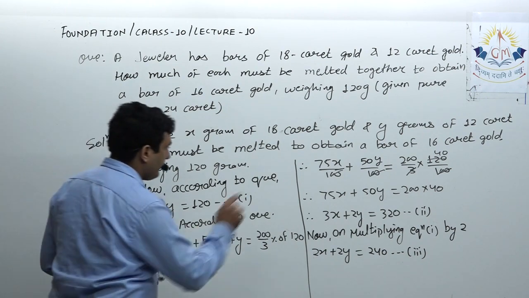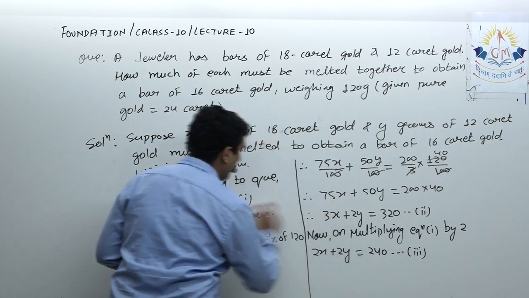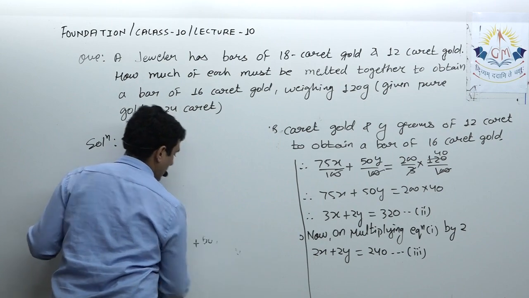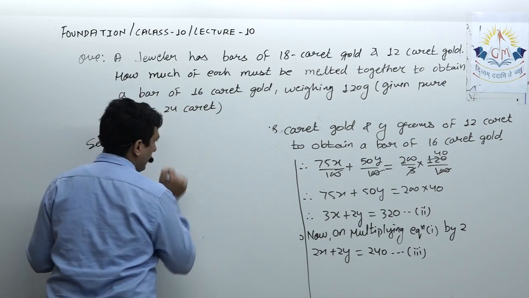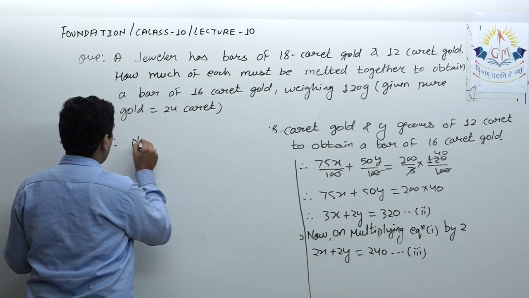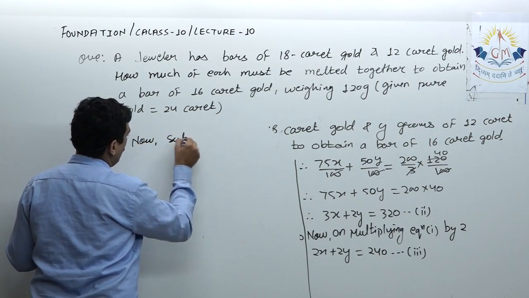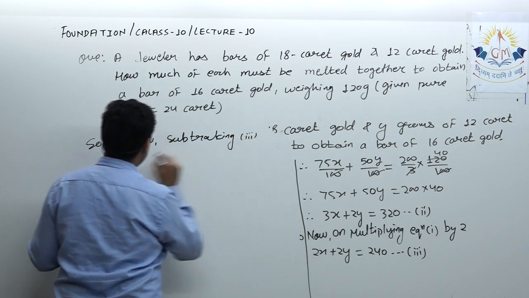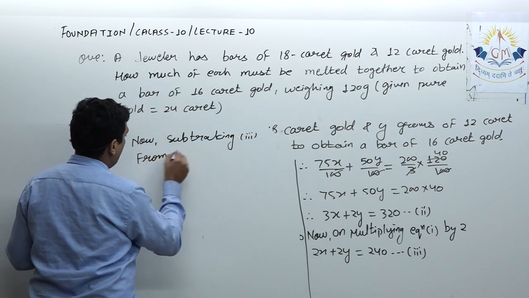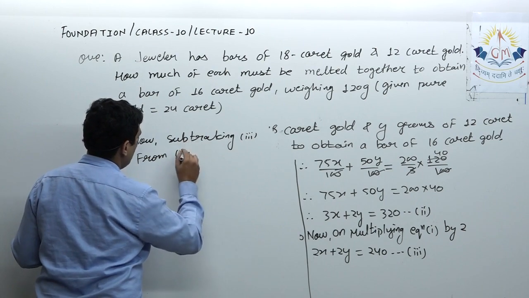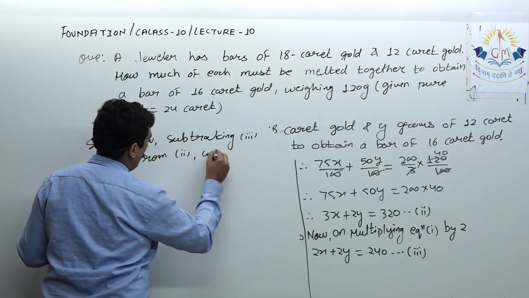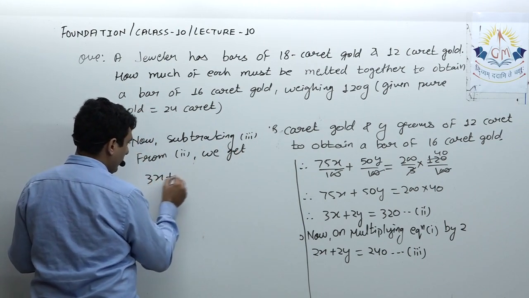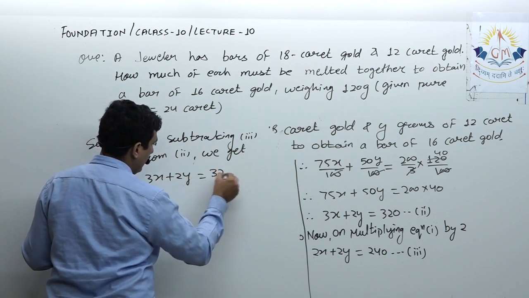Now subtracting third from second, we get 3x plus 2y is equal to 320.